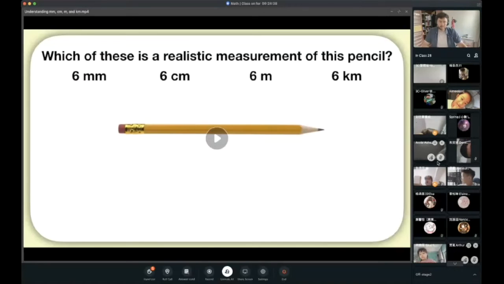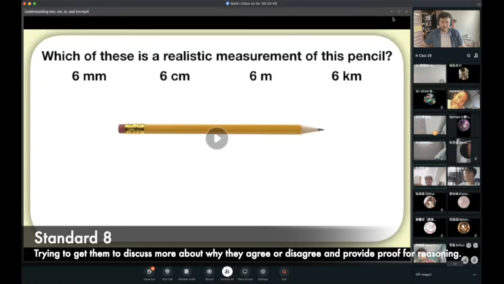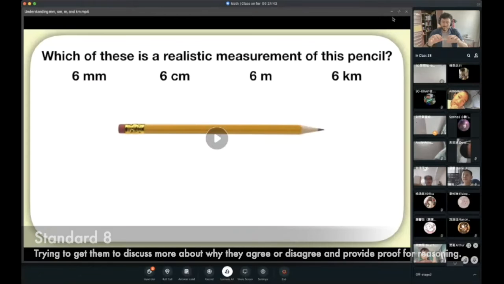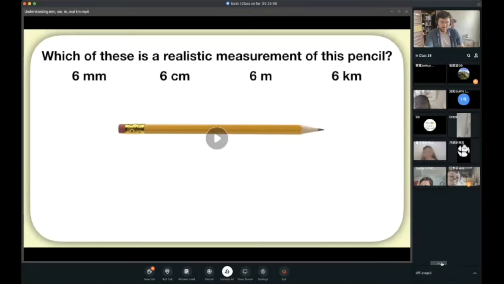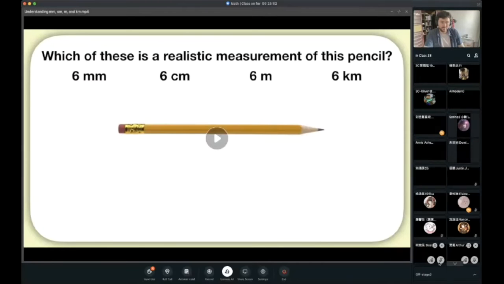I think none of them. None of them. What do you think is more realistic? I think it's usually 10 centimeters. 10 centimeters.